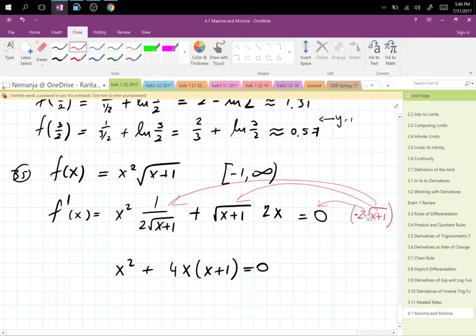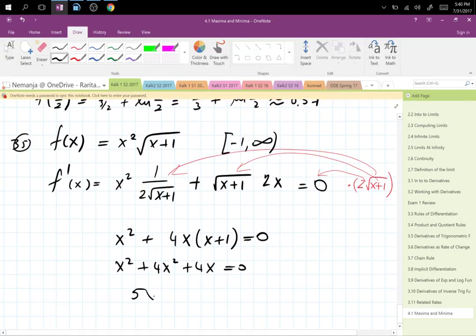So now we have x squared plus 4x squared plus 4x equals 0, which is 5x squared plus 4x equals 0.